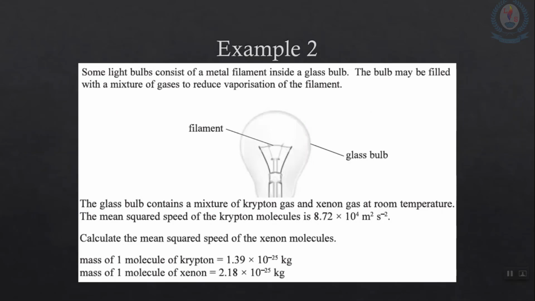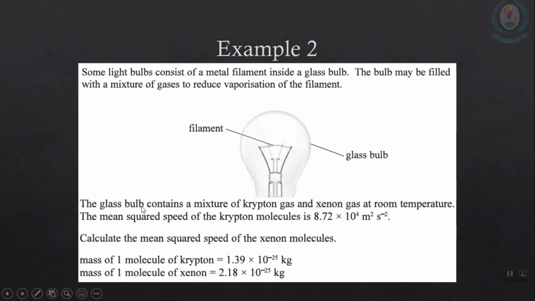Right, we'll see another small example. Now you saw from the previous example that whatever we learned in gas laws can be checked. Okay. So it talks about a light bulb, and it says that the bulb may be filled with a mixture of gases to reduce vaporization of the filament.